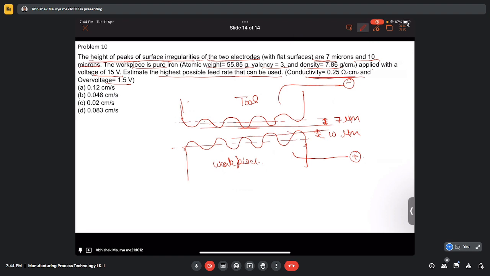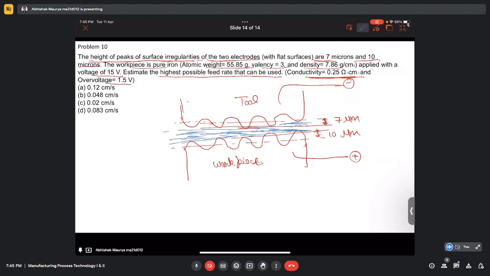In order to do the machining process between the tool and the workpiece, we have to flow some electrolyte in between them. So what is the minimum electrode gap which we can think of, so that there is no direct contact between the tool and the workpiece?